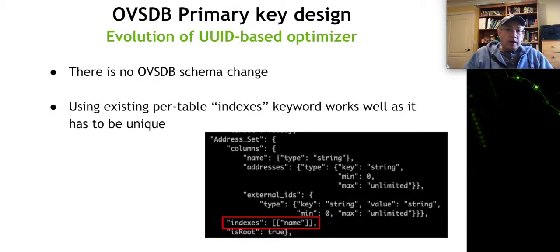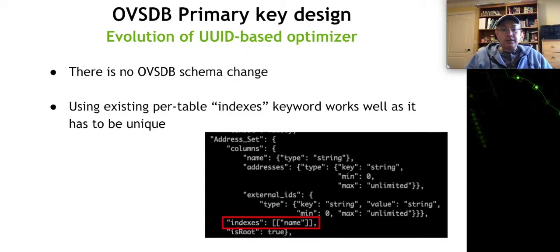So let's look at the primary key design as far as the schema is concerned. The good thing is that with the introduction of the primary key, we don't need any OVSDB schema change. Here you see the index name, which corresponds to the column name, and is already propagated through the existing address set table.